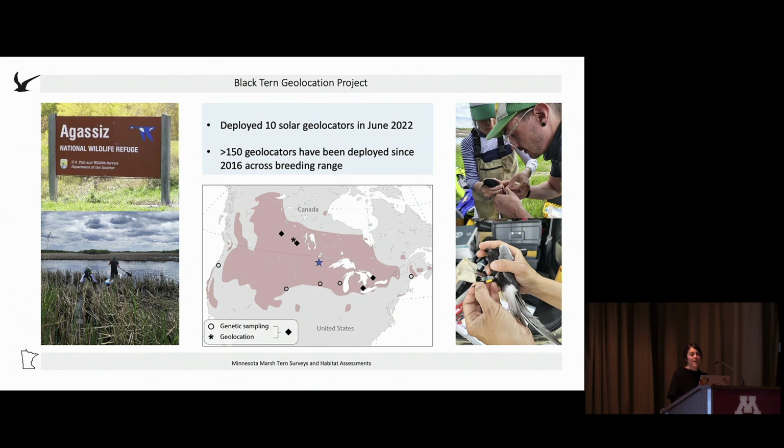Of course, these tags are archival, so we will have zero data until we go back and retrap the birds and get the tags off. So that's what we're planning to do this summer. And if we're successful, then we will deploy some additional tags this year as well. It's always really nice to be part of a bigger study, so that the results are more relevant and have better context when it's range-wide.